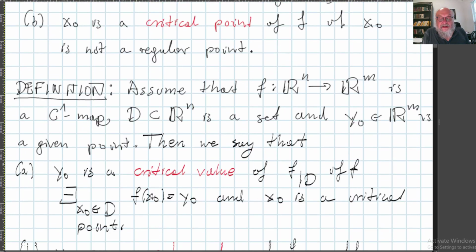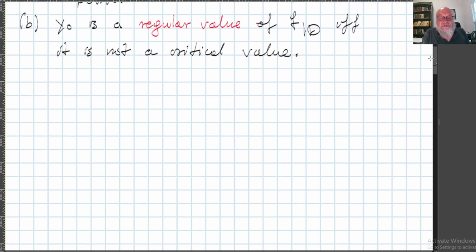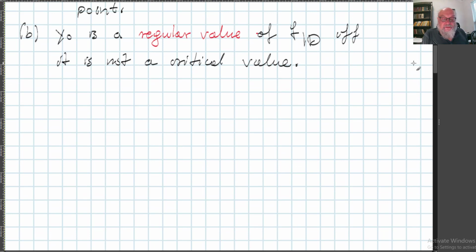So now we have this definition, so we can formulate the first important result. This was basically a classical theorem that you can find in any textbook of differential topology. Let's write it down, theorem. And we'll call it Sard's theorem.